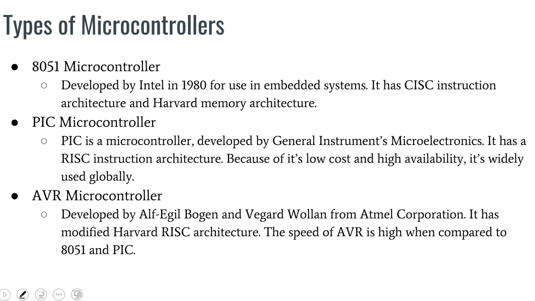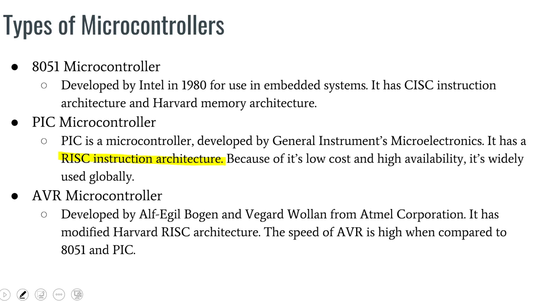So one of the earlier microcontrollers that came about was the 8051 microcontroller, which was developed by Intel in the 80s, and it had a CISC architecture, a complex instruction set computer, with a Harvard memory architecture. But later on, what we would observe is most of the later microcontrollers switched to having RISC instruction set architectures, because they were much more efficient when building low cost, power efficient devices.